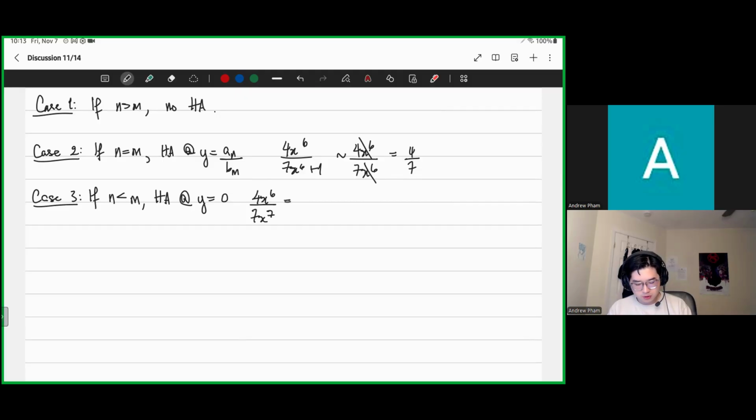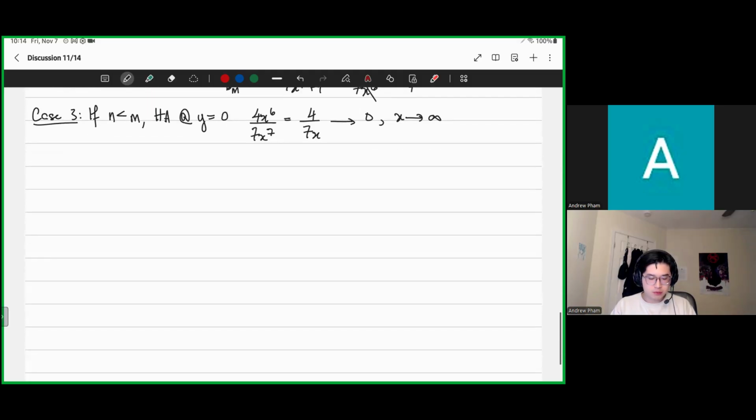Well, this simplifies to just 4 over 7x, and it should be relatively clear that if you take x to be really large, the bottom blows up and you have a fixed number over a really large number. It's going to be a really small fraction that gets closer and closer to 0. So this limits to 0 as x goes to infinity, and that's why there's an HA at y is equal to 0. Okay.